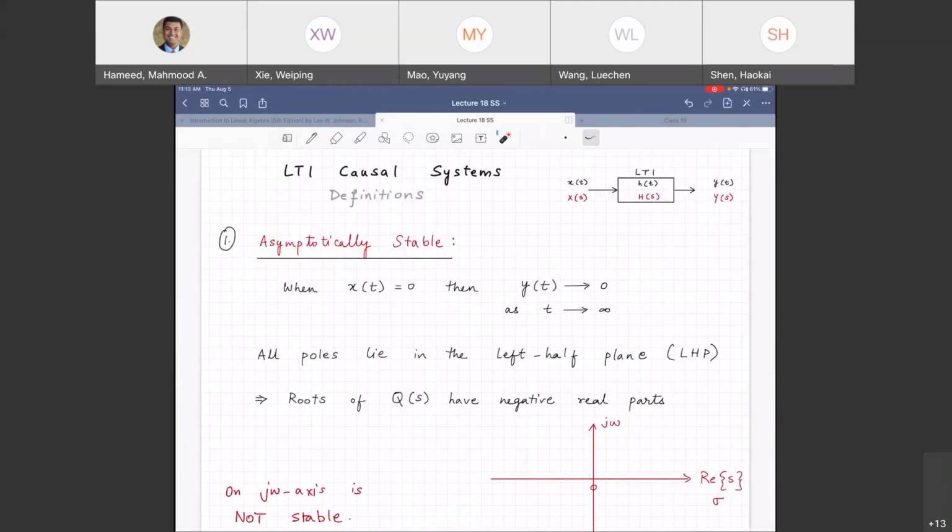An asymptotically stable system is a system where, when the input is 0, you have removed any input, the output has to die down to 0 as time goes to infinity.